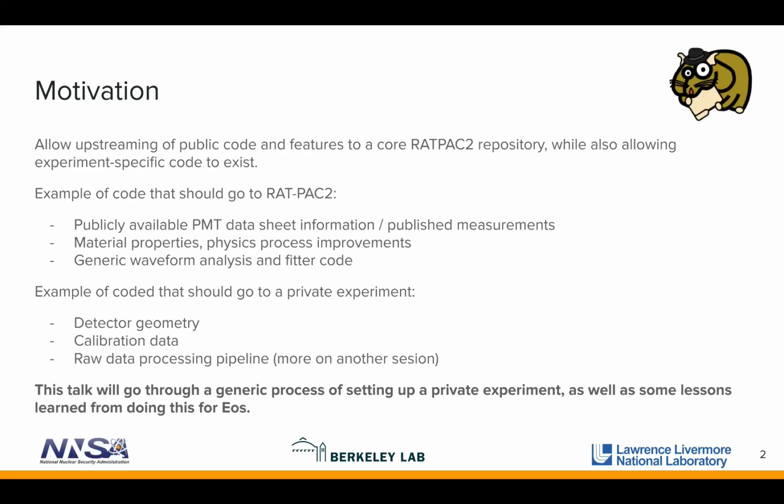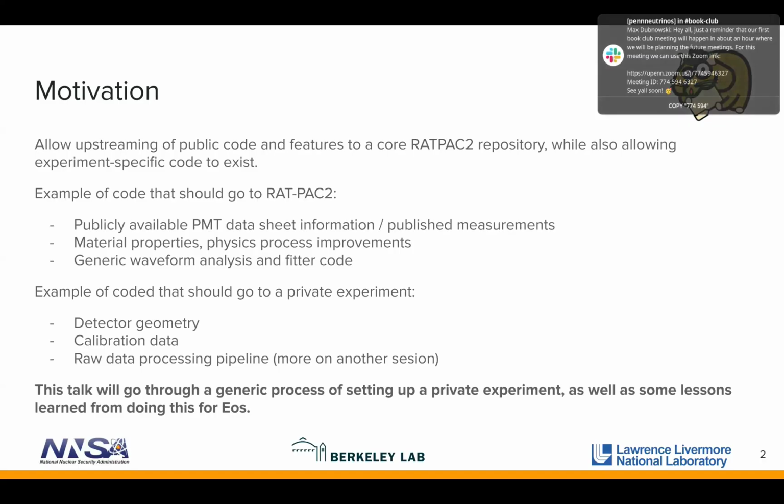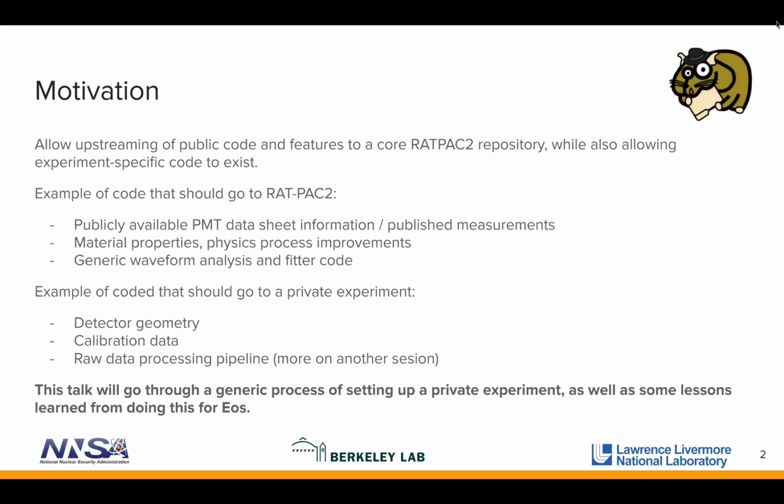Some good examples of code that might want to go to a private experiment are stuff like perhaps you have some complex geometry for your detector, and every detector's geometry is going to be slightly different. And in the workshop, we've worked a lot with other detector geometries as well. And so we might want to put that in a private experiment where that doesn't interact with anybody else.